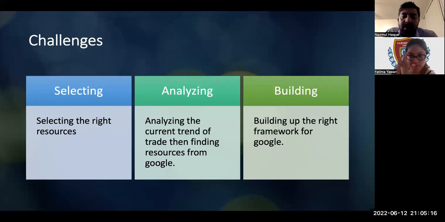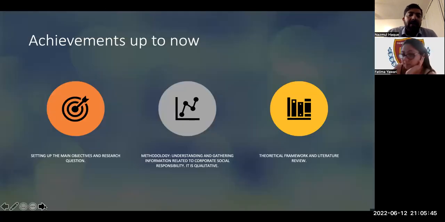So analyzing the current trend of Chinese trade policies and the capital control system was also challenging, and building up the right framework, and how I want to conduct the case study research, was one of the most challenging things that I have seen in this research.